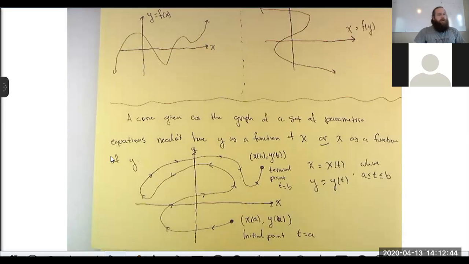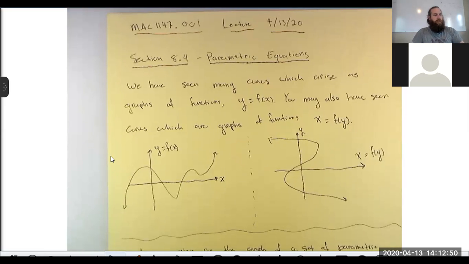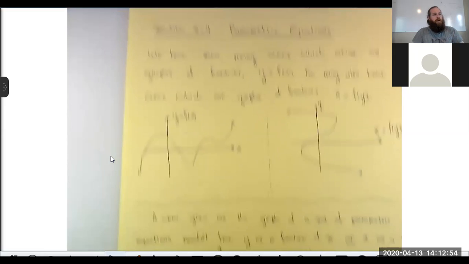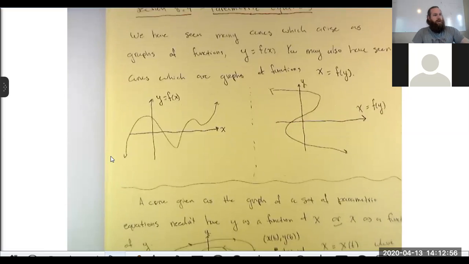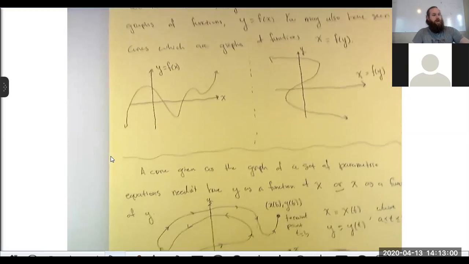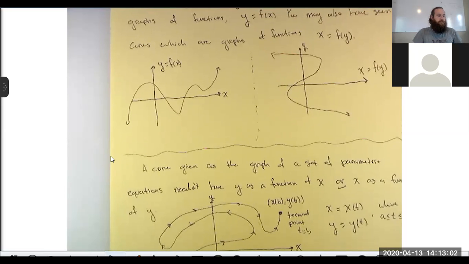So t we think of as a parameter, and that's why we call them parametric equations, because they're given in terms of this extra parameter called time. So imagine I told you that I've got a guy, he's going to start out right at the corner of Archer Road and Southwest 34th Street.